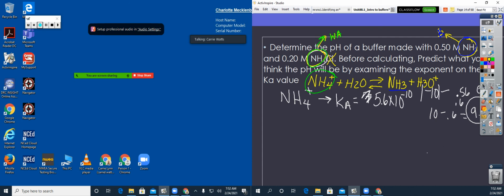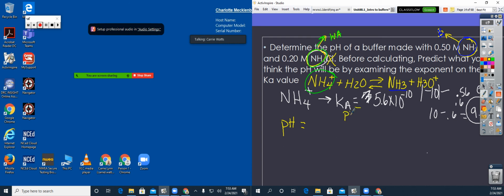Yeah, so Henderson-Hasselbalch is on the AP Chem equation sheet, okay? All right, so let's go through the problem. So we have pH equals the pKa, which is 9.3, which I actually calculated.